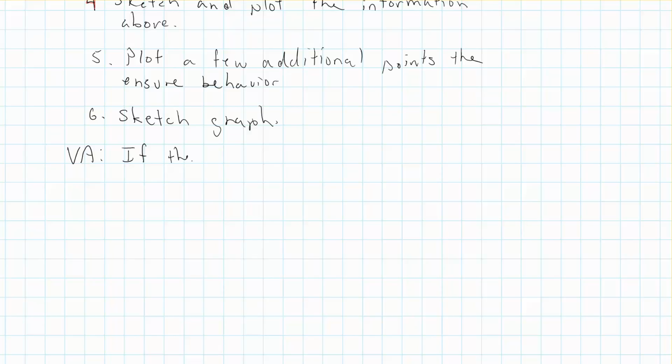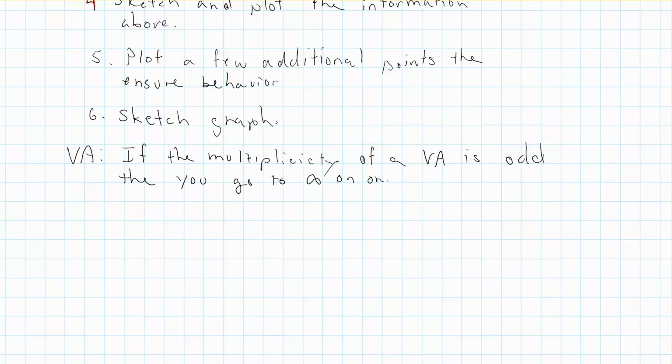If the multiplicity of a vertical asymptote is odd, then you go to infinity on one side and negative infinity on the other side.